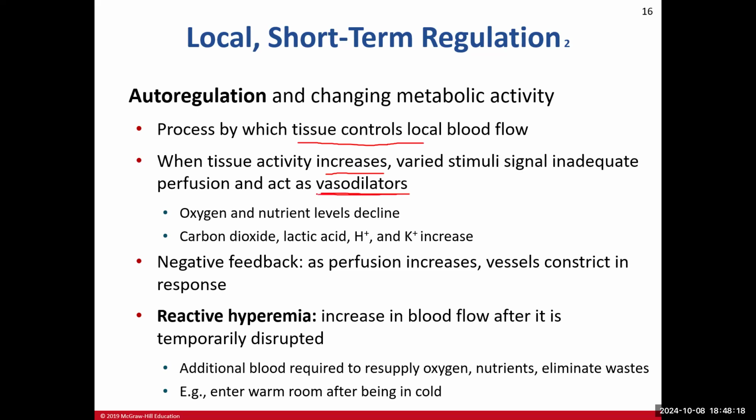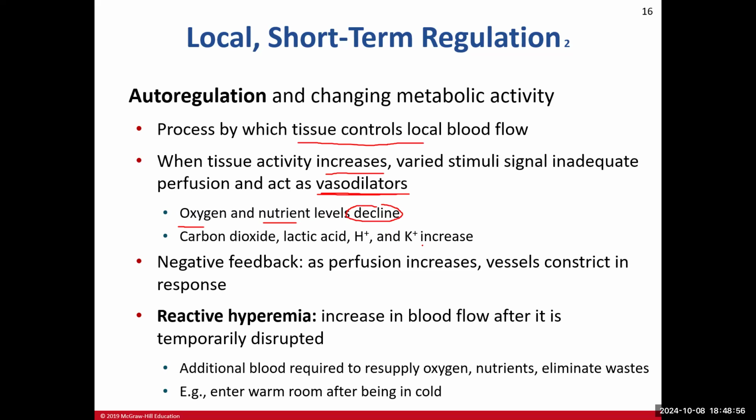For example, you'll see a decrease in oxygen, a decrease in, let's say, glucose or amino acids. When those decline, they will act as a vasodilator on those capillaries, and so they will increase tissue perfusion because they'll increase blood flow.